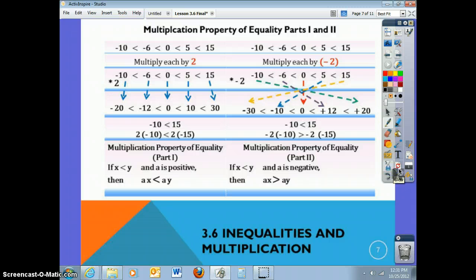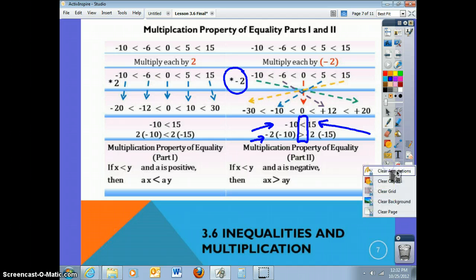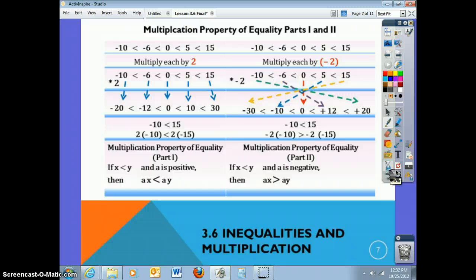So what that means in terms of this property is, if I have a number, -10, and it's less than another number, 15, but I multiply both sides by a negative number, I need to change this in here. See that right there? That's the really important part. So -10 times -2 gives me 20, and 15 times -2 gives me -30.